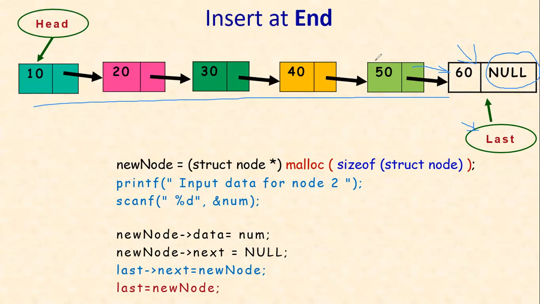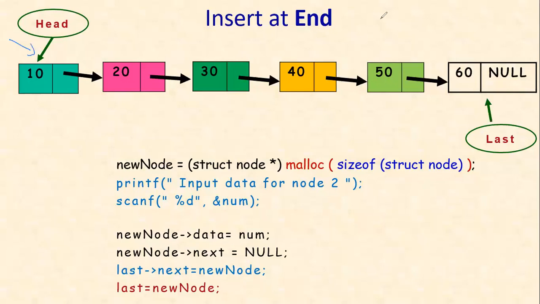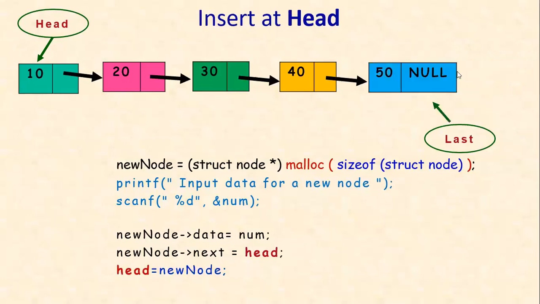Now we will see how to insert an element at the head position. That is not difficult, same as before. Now see this. You have a list with 10, 20, 30, 40, 50 as the elements, and head is pointing to the first node holding 10.